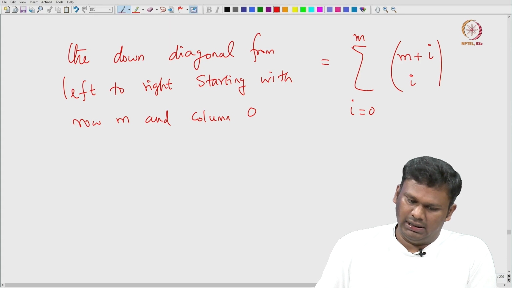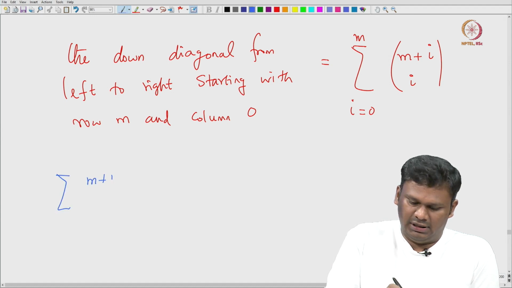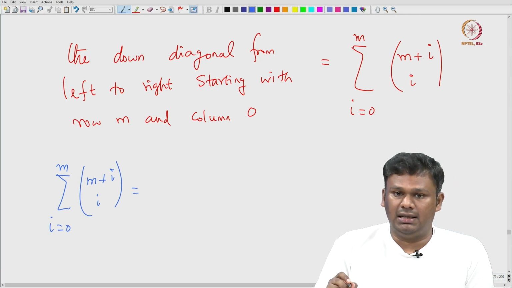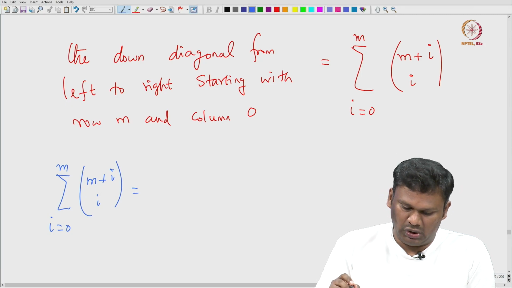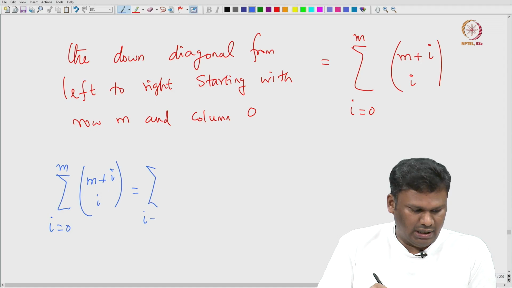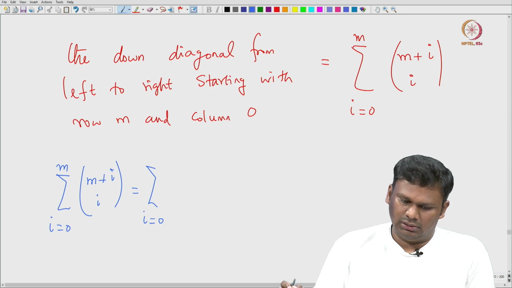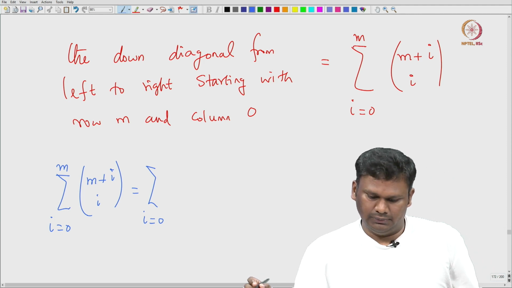So, let us look at this sum, which is given by the summation of m plus I choose I, using the first identity on binomial coefficients, n choose k is the same as n choose n minus k. We are looking at the down diagonal from left to right, starting with row m and column 0.